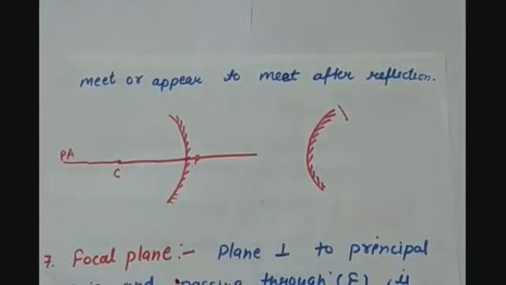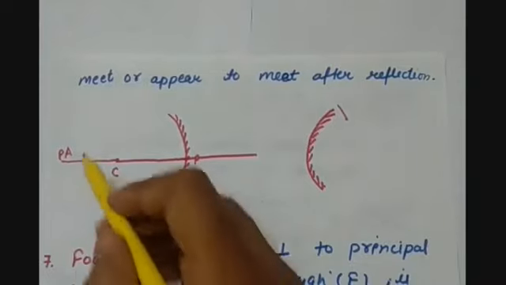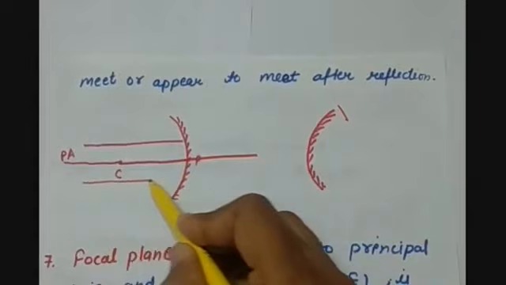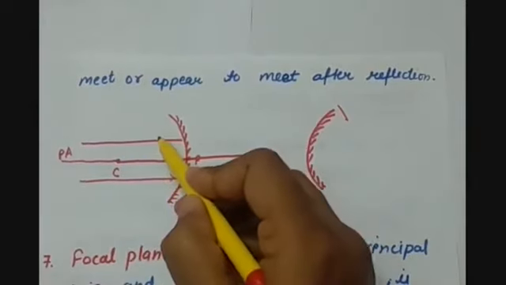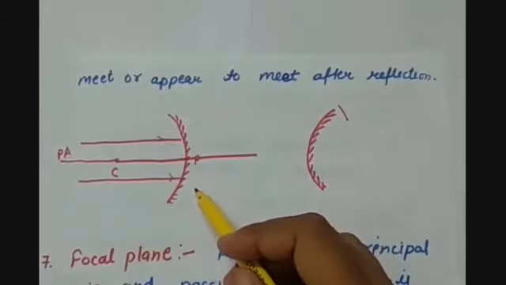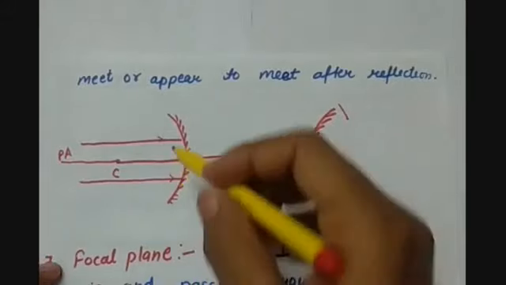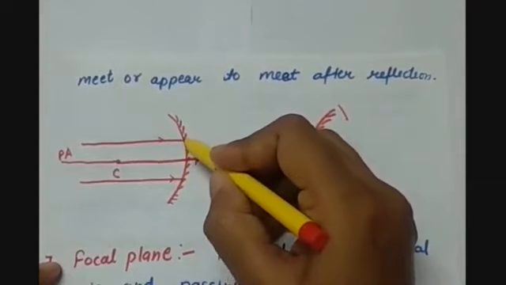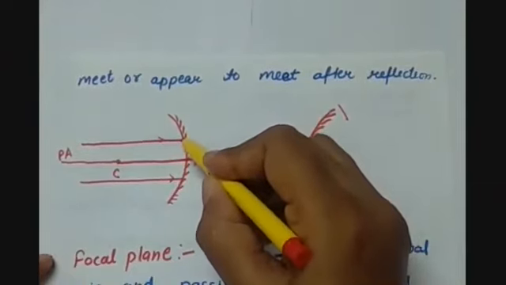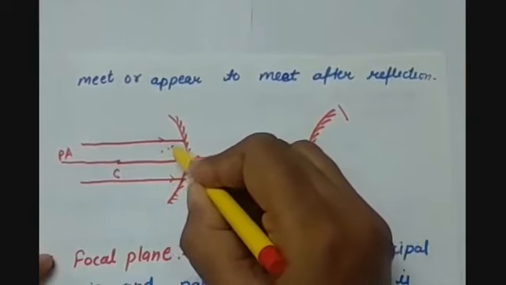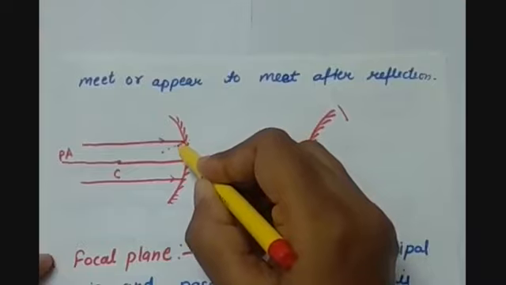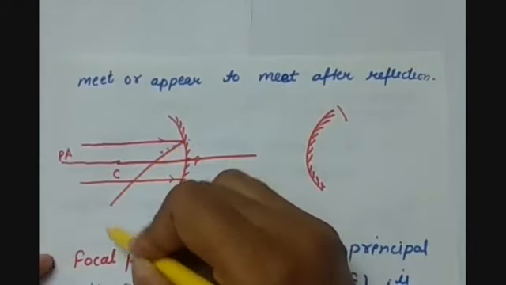All the radiations which will come parallel to the principal axis will strike the spherical mirror and they will get back because they have to follow the law of reflection. So here at this point, this will be the normal and the light will pass through a particular point.